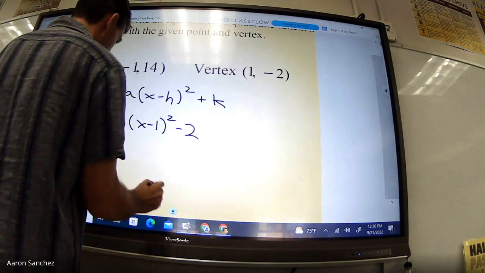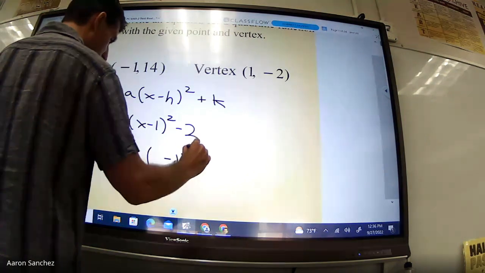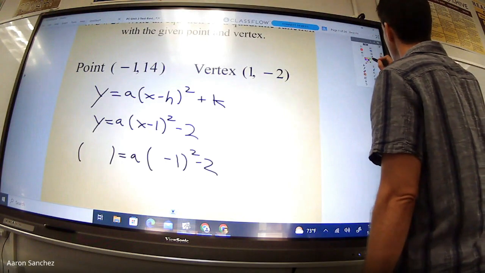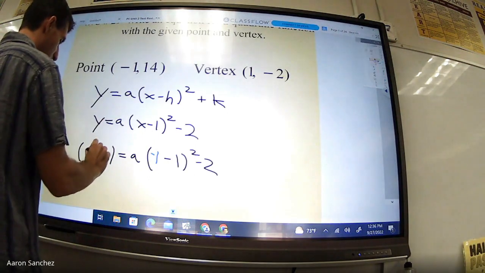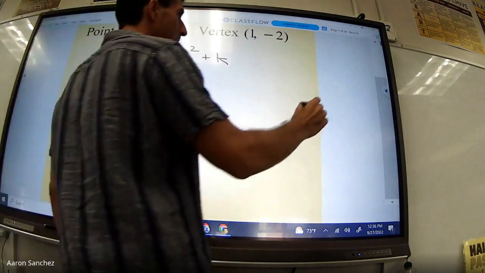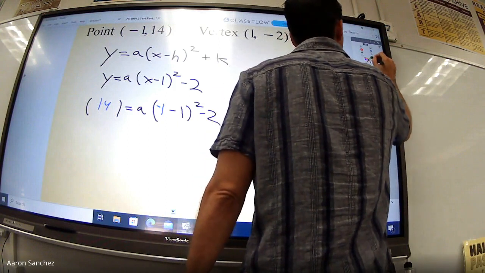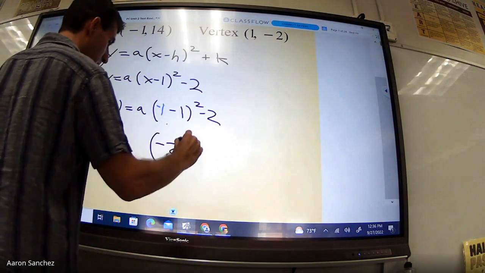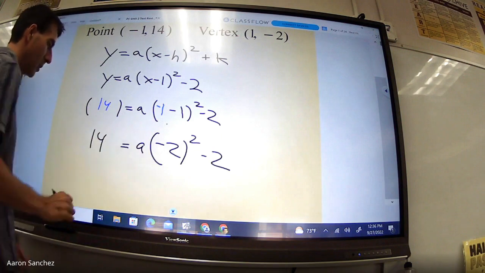So let's solve this. y equals a times x minus 1 squared minus 2. I got my x, -1, and my y, 14, and then I solve for a. Let's do the parentheses first, because that's what they tell us to do. -1 minus 1 is -2 squared, minus 2, times a equals 14.